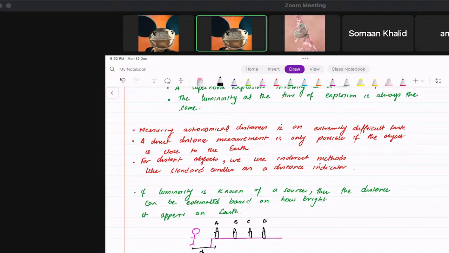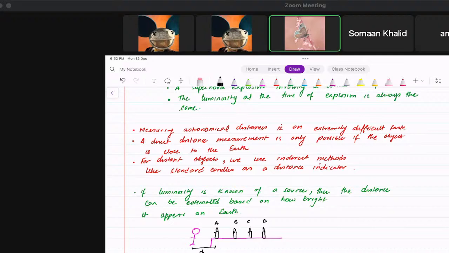Imagine you see a car from very far away: would its lights be brighter then, or when it comes closer to you? Closer.